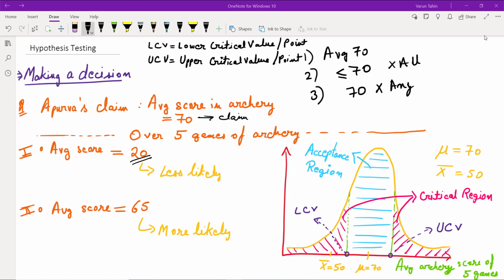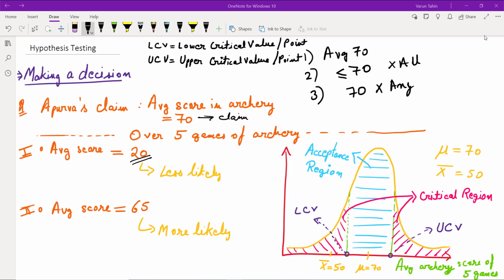You can see the lower critical value here, and the upper critical value is also pointed out in this graph, and this is called the critical region. The values in the graph, or area under the curve, up to this point is called the critical region, and beyond the UCV is also a critical region, and the region in the middle is the acceptance region.